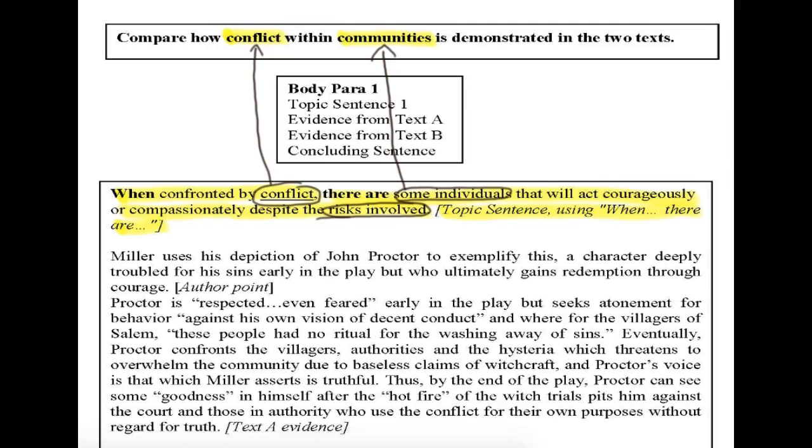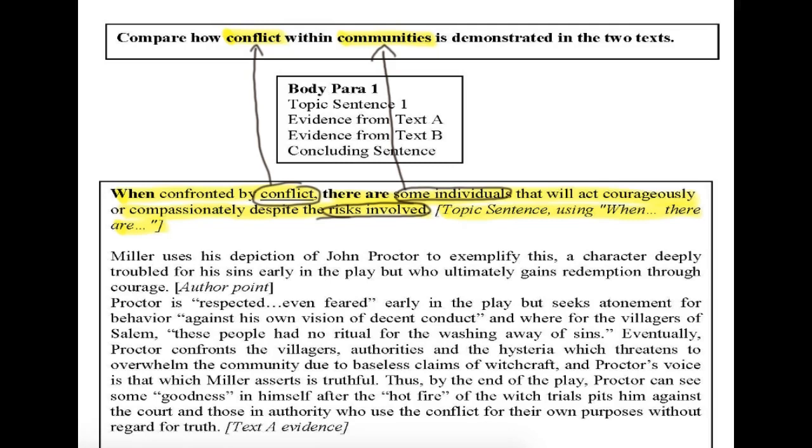Miller uses his depiction of John Proctor to exemplify this, a character deeply troubled for his sins early in the play, but who ultimately gains redemption through courage. Proctor is respected, even feared earlier in the play, but seeks atonement for behavior against his own vision of decent conduct, and where, for the villagers of Salem, these people have no ritual for the washing away of sins.